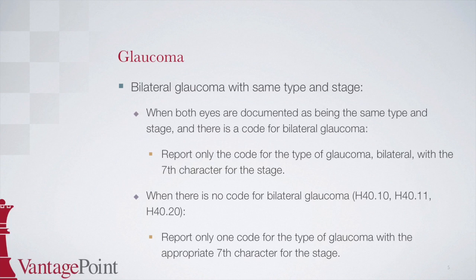So there's no option for the H40.10s for right, left, and bilateral. So if the patient has the same stage in both eyes, you're just using that 1 code, which is H40.10X3.